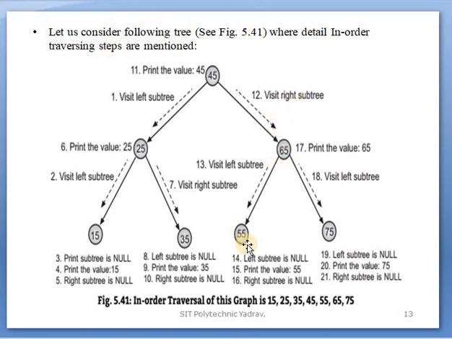Again visit the left, which is null. So 50 will be displayed. Again right is null, so go to 65 and display it. After that 75 will be displayed. Means first of all display 15, 25, 35, again 45, 55, 65, 75. Means left, root, right, again left, root, right.